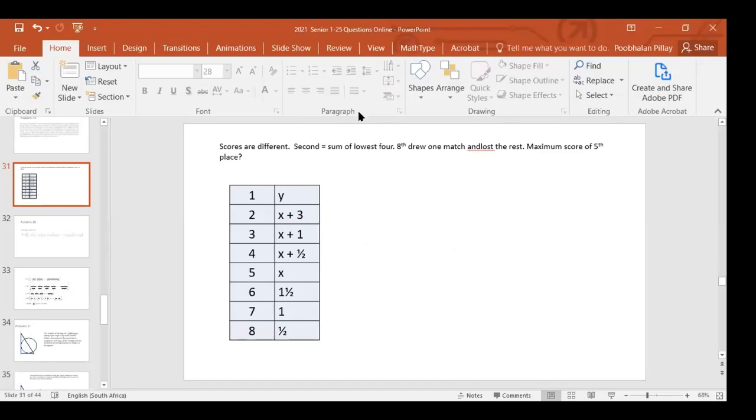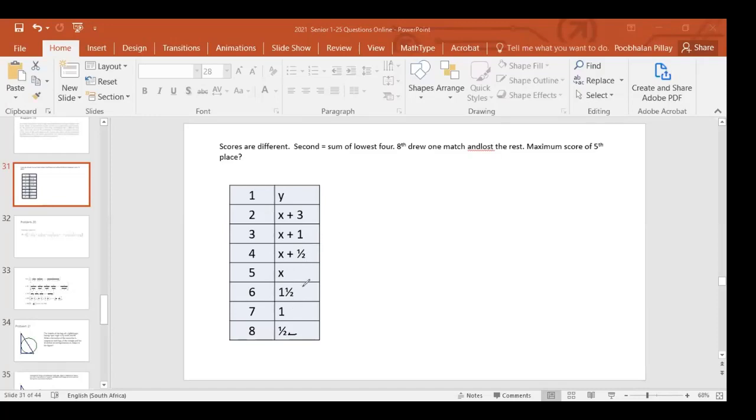Now let's see what I've got in the rest of the table. We said that the lowest score was a half, so we know this person has got half. Now, you want the maximum value of X, which means that you want the sum of the remaining 7 numbers to be as small as possible.